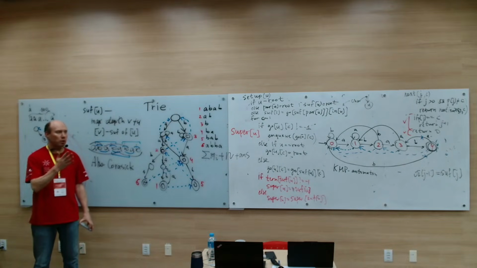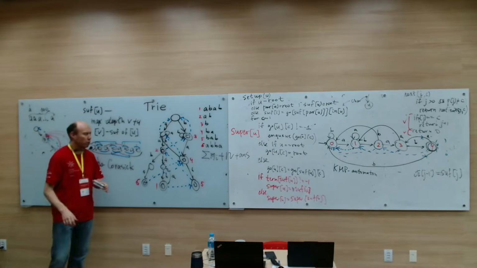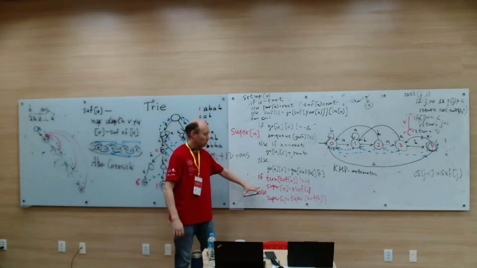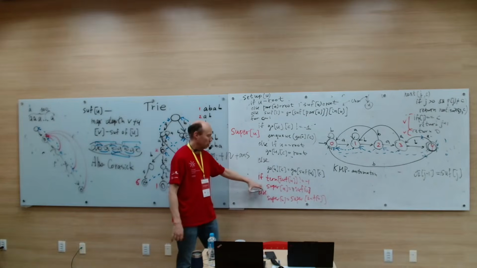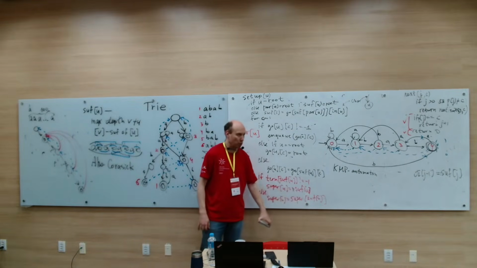So that's all. Any questions? Isn't it possible to store the number of terminals? If you only need to count the number, yes, instead of the super link, you use a count. So this count is count of the suffix link plus one.